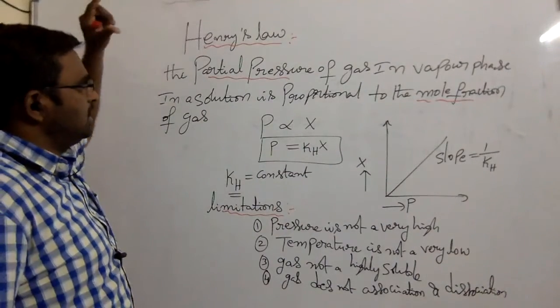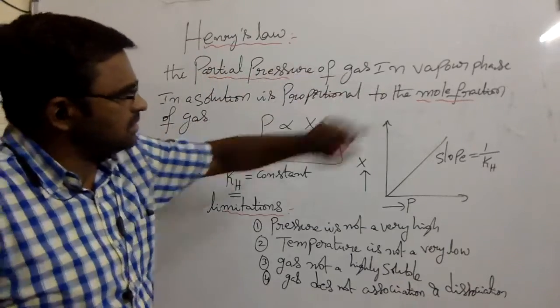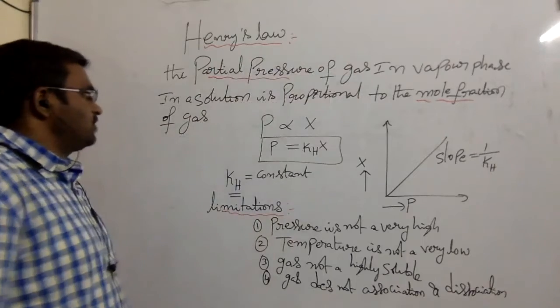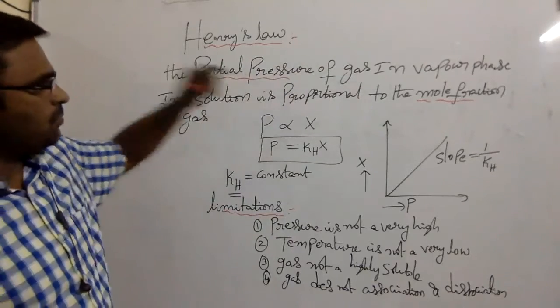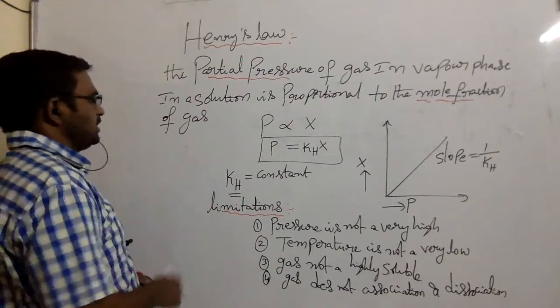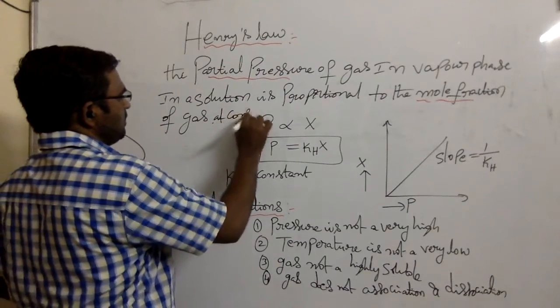Henry's law describes the relation between partial pressure and mole fraction. According to this, the partial pressure of the gas in the vapor phase in a solution is proportional to the mole fraction of the gas at constant temperature.